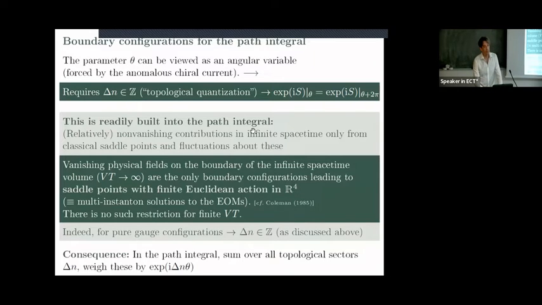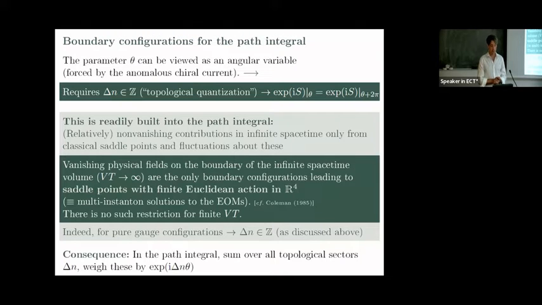So if I take the point of view that I don't constrain the boundary conditions on the path integral, and then I ask which contributions to the path integral yield non-vanishing contributions, then these come from the minima of the Euclidean action and from fluctuations about these minima, because we also have to take account of the quantum fluctuations.